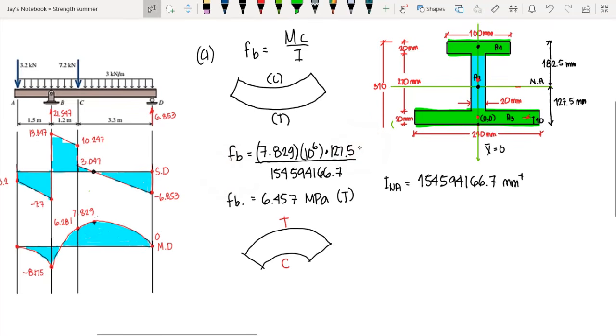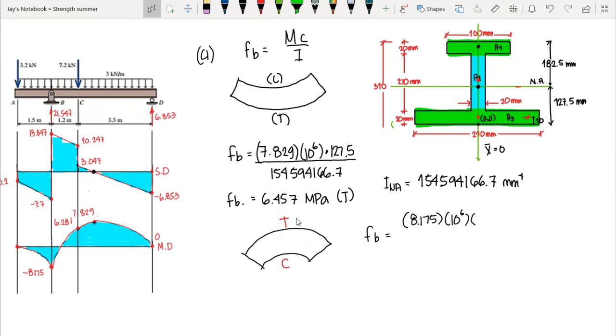So we have flexural stress equal to 8.175 times 10 raised to the 6 times the C. Take note the location of our tensile stress is at the top surface.